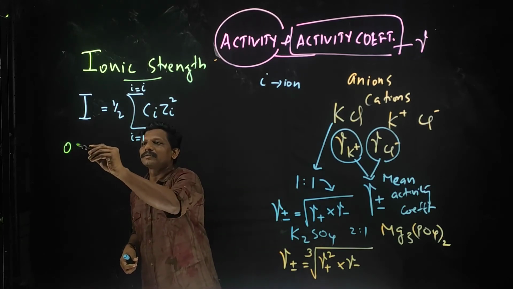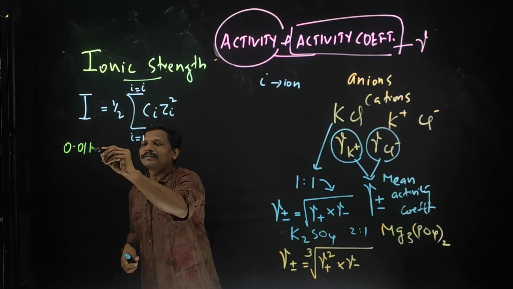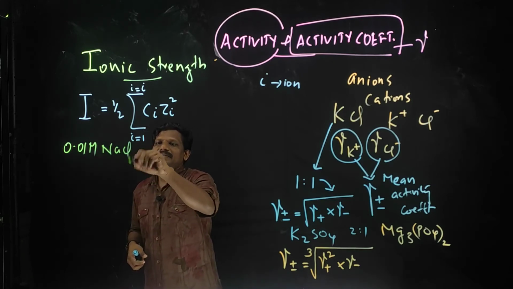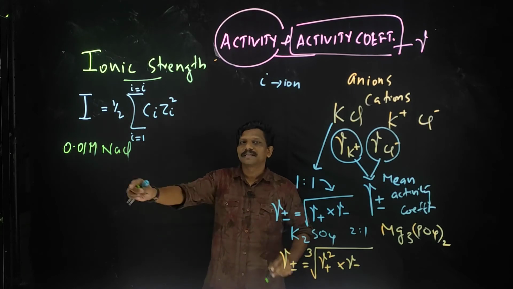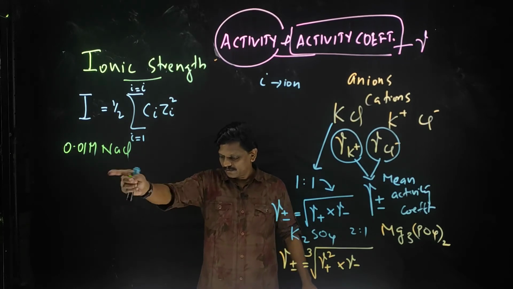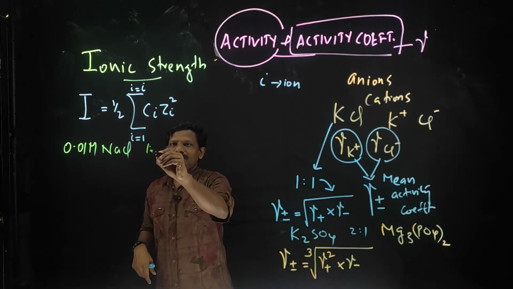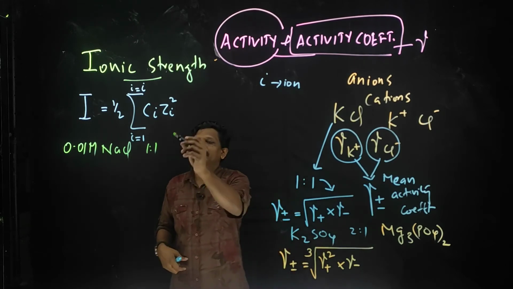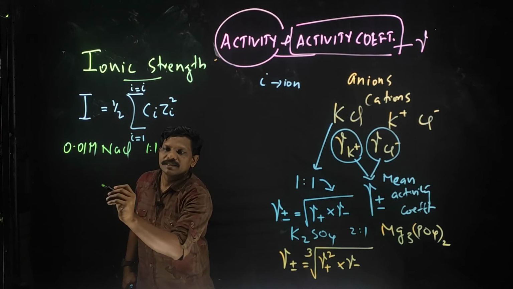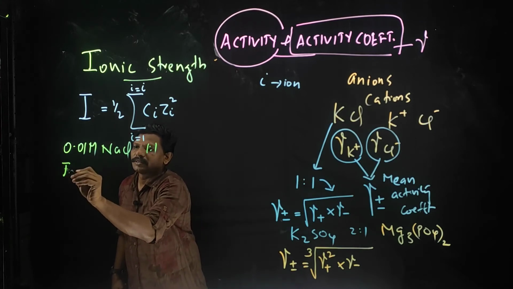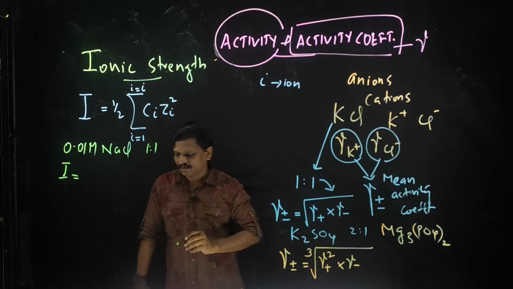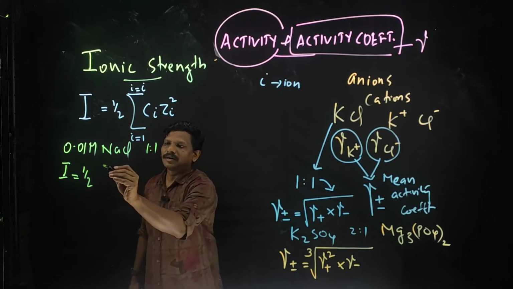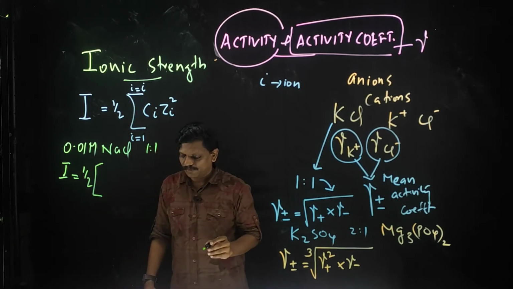Taking a solution of 0.01 molar NaCl, you know NaCl is a 1:1 system. So how can you write the ionic strength? Here I is equal to half into what?